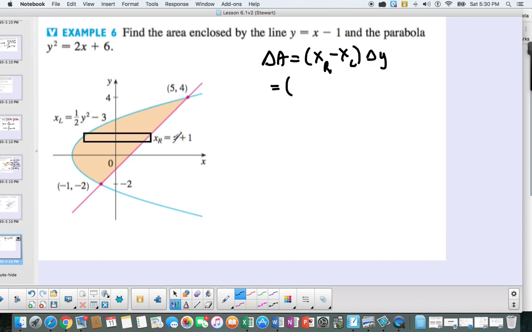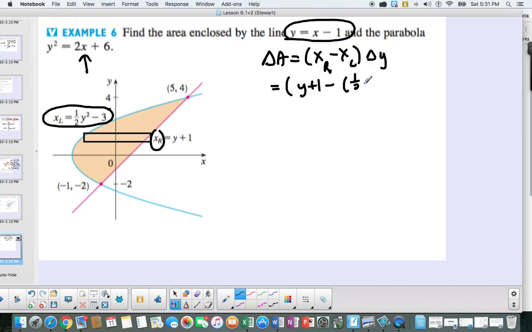So x of the right, that's going to be our line right here, and we're going to solve for x, and it's already been done for us. So this is going to be y plus 1, minus, and then we're going to solve for x, which they've done for us over here, and we need to put this in parentheses, 1/2 y squared minus 3, and then delta y.